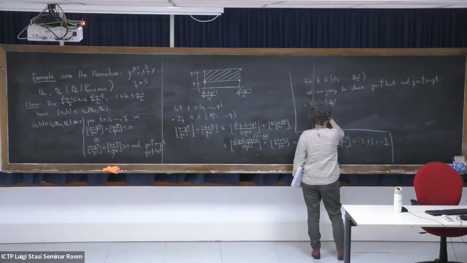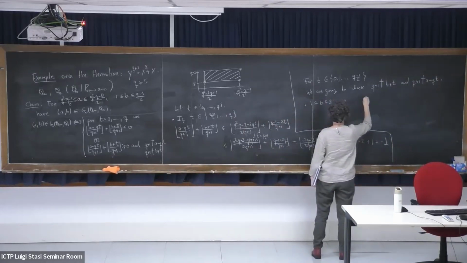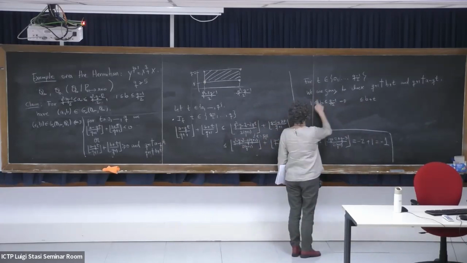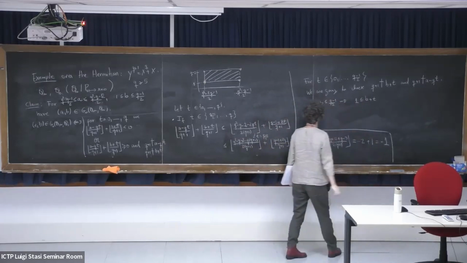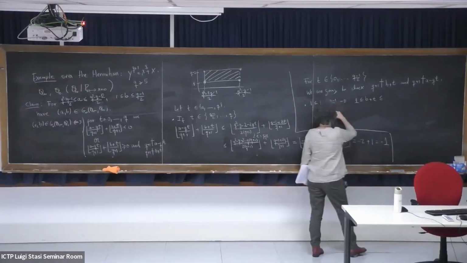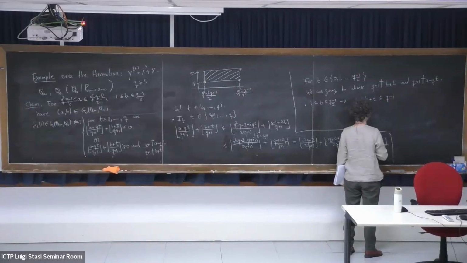If I add T, if they are both 0, this should be 1 at least. And this is at most Q minus 1 over 2 plus Q minus 1 over 2, at most Q minus 1.